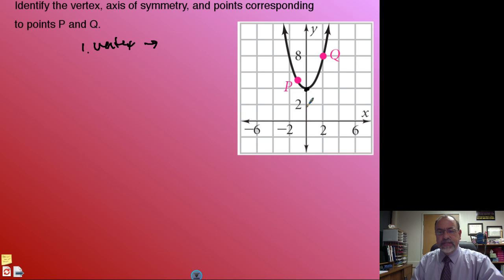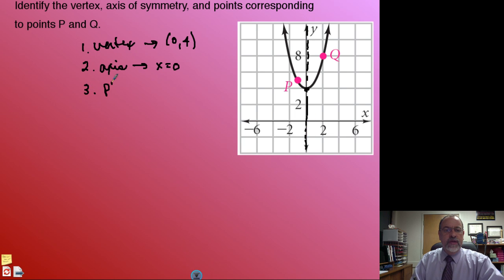Alright, so here's the vertex, and again, each of the scale is, this is a 2, 4, so that's going to be 0, 4. Alright, and then our axis of symmetry again is simply x equals whatever that is, 0, and again that would be the y-axis actually.